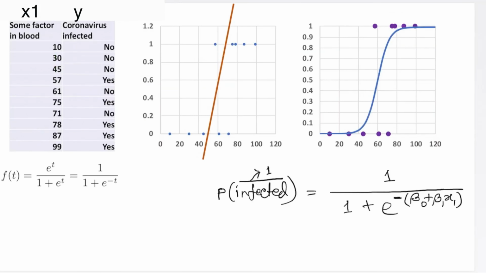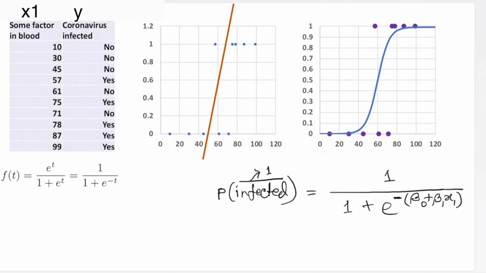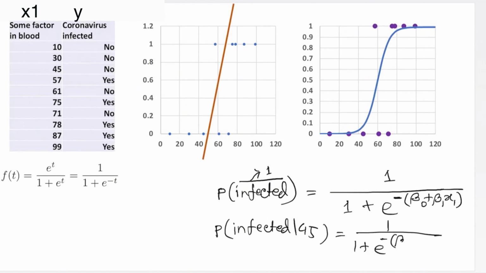That means for this particular data set, this is our equation. If someone comes with a blood sample that has 45 units of factor, the probability that the person is infected is equal to 1 over 1 plus e to the power minus (beta naught plus beta 1 times 45).